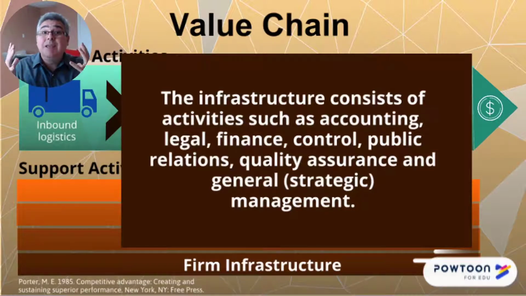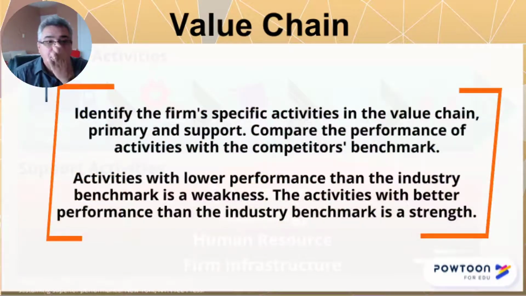So that's the infrastructure. It's important to note that when we are conducting a value chain analysis, we try to identify the firm-specific activities. What I mean by specific activities: if I talk about a grocery store, you have to understand the activities of a grocery store. If you talk about an automaker, you have to go there and understand how to manufacture the car.